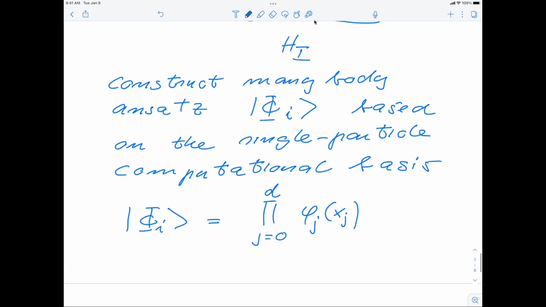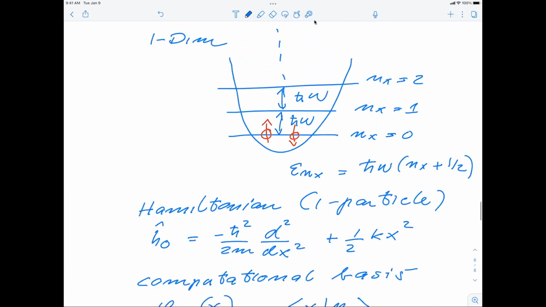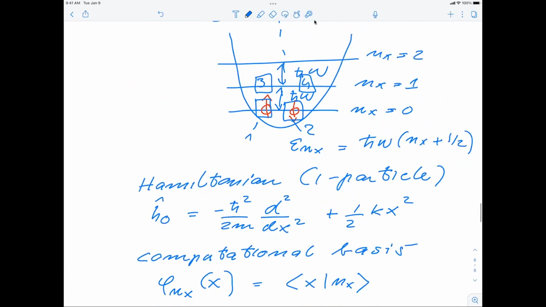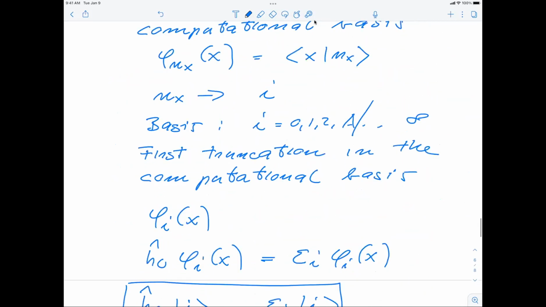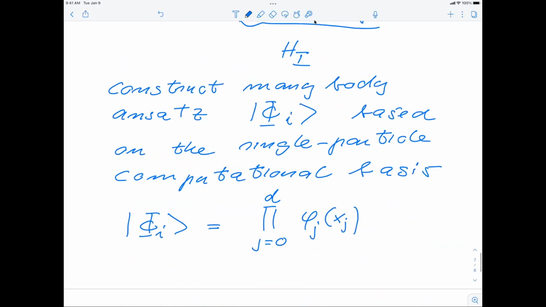If you spool back here and look at this specific example, you could now think of having many particles, and in every j here there's a slot. So this would be slot 1, this is slot 2, this is slot 3, this would be slot 4, and so on. And in each of these slots, you have placed a particle. So what you've chosen here is a specific ordering. You start with the lowest one, and then you simply multiply everything like that.